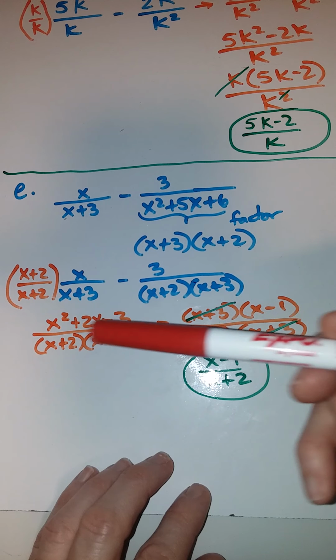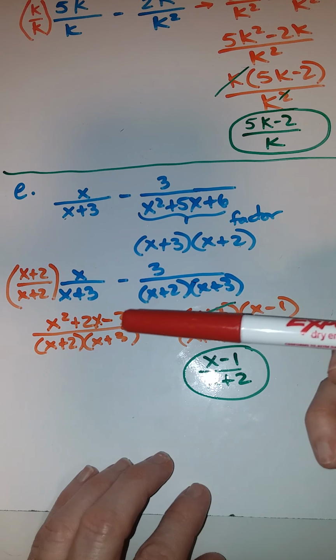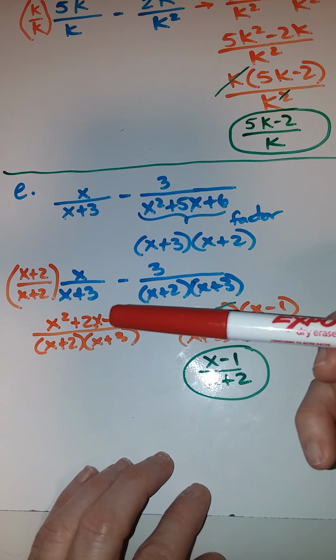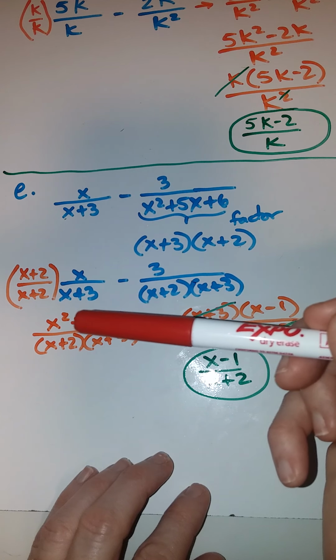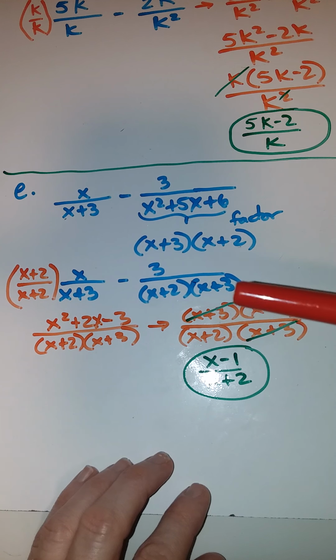So once we factor this numerator, it becomes x plus 3 and x minus 1. Well, one of them has to be positive and one of them has to be negative. And we know that the larger number is going to be positive because we see that that's a positive number. So 3 is the positive and 1 is the negative.